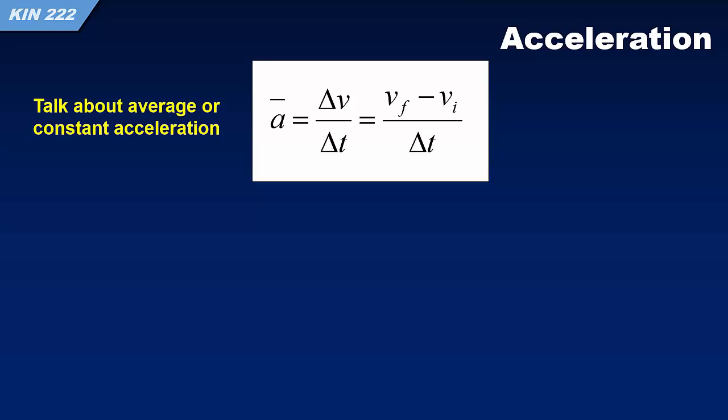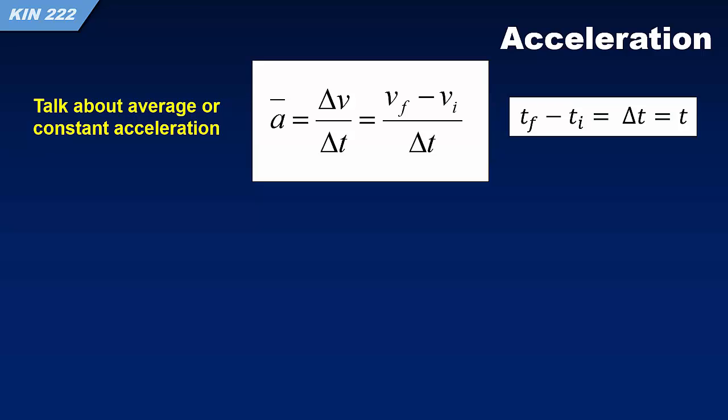Now, in this course, we're not going to really look at too many problems where acceleration is changing. So most of the kinematic problems that we're going to look at will assume either an average or a constant acceleration. And all of these formulas that we're going to look at in this video are based on that assumption, that there is an average or a constant acceleration.